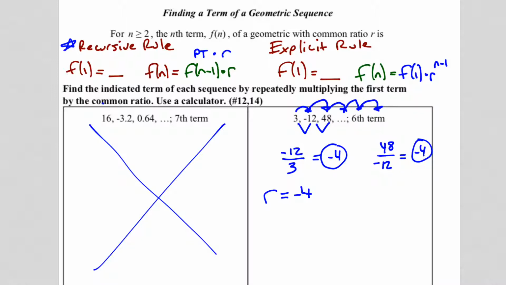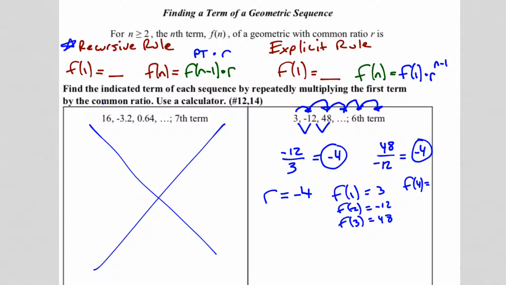You'd have to multiply it 3 more times. And that's totally reasonable, right? We already know f of 1 is 3, f of 2 is -12, f of 3 is 48, f of 4, 48 times -4.